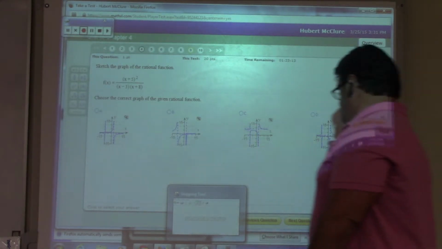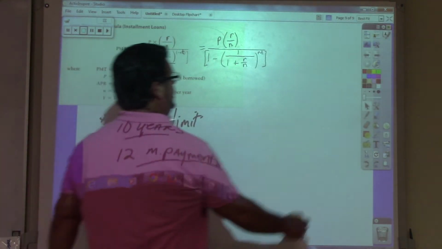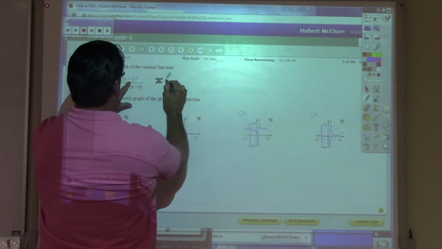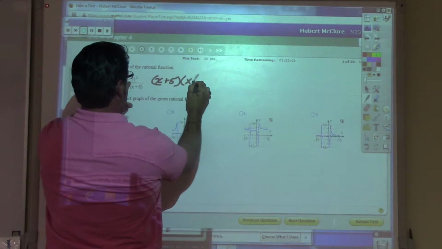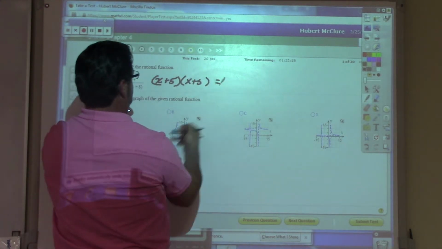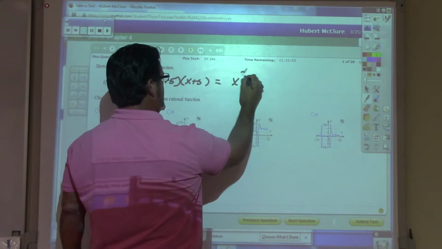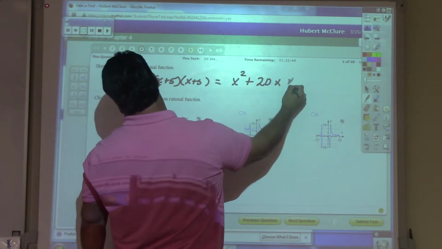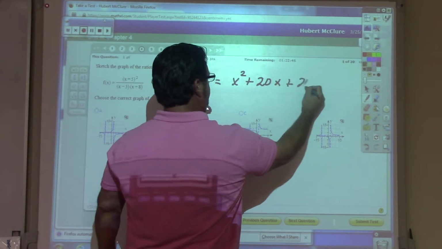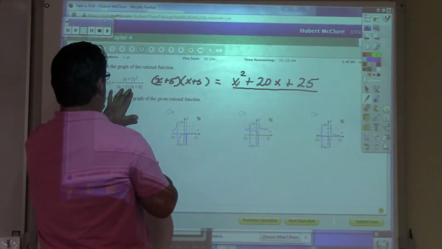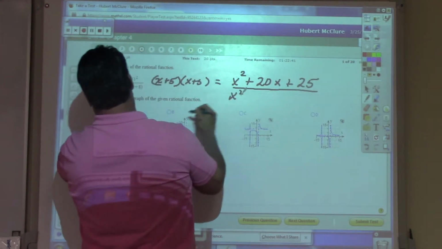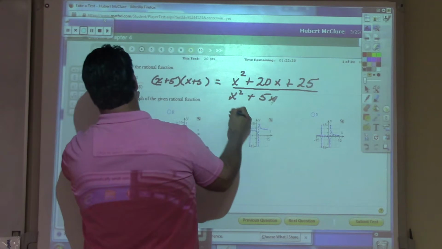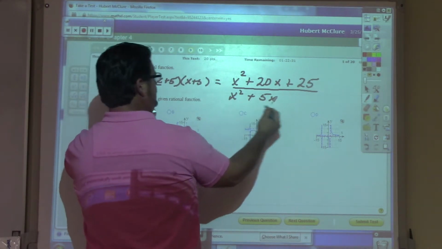Maybe another way to type it in is to do the actual polynomials. Might be easier. So this is going to be x plus 5 times x plus 5, which is x plus 5 quantity squared, x squared plus 10x plus 25, over x squared plus 5x minus 24.